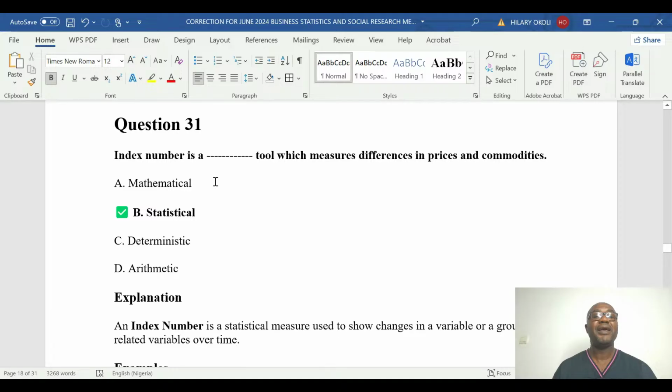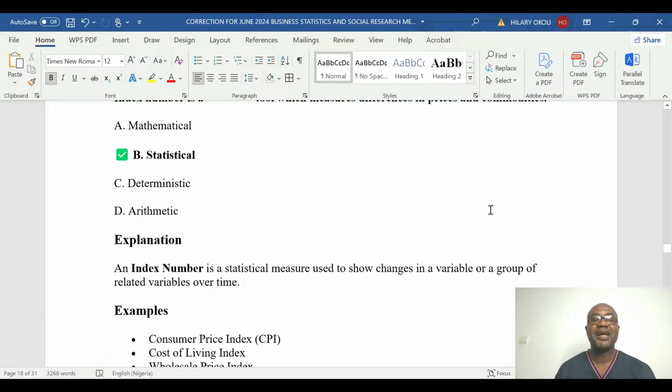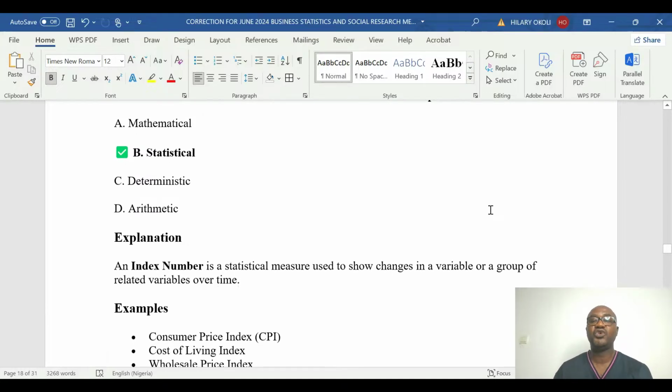Index number is a statistical tool which measures differences in prices and commodities. An index number is a statistical measure used to show changes in a variable or in a group of related variables over time.